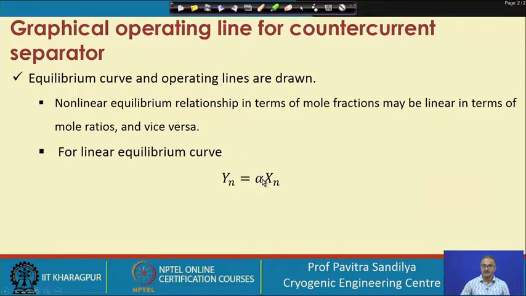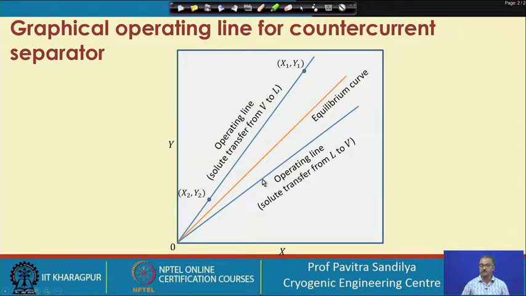Now, if we try to plot it, on the x axis we plot the mole ratio in the L phase, and on the y axis we plot the mole ratio in the V phase, and both of them start from 0. You can see that we have not put any number at the other end of the axes, because unlike mole fractions, these mole ratios can go to any number.